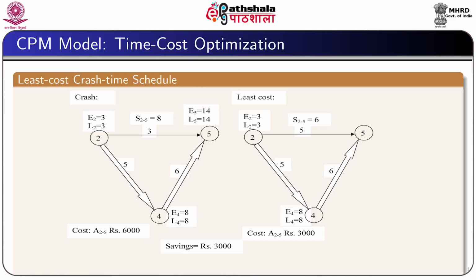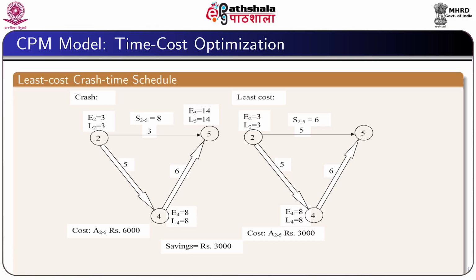The duration can be increased by 8 weeks before the project completion date will be affected, but there is no reason to increase the activity time for the activity 2-5 by 8 units, because the normal time of the activity 2-5 is 5 units.